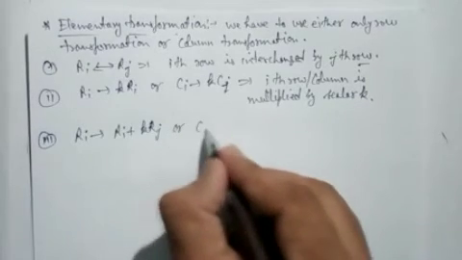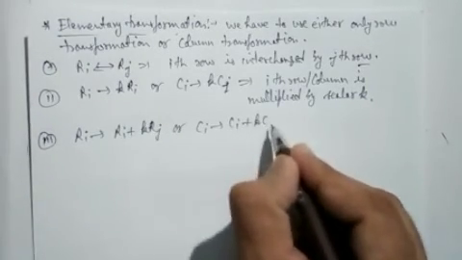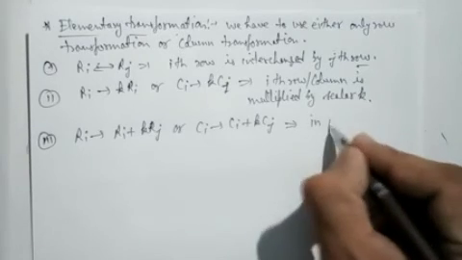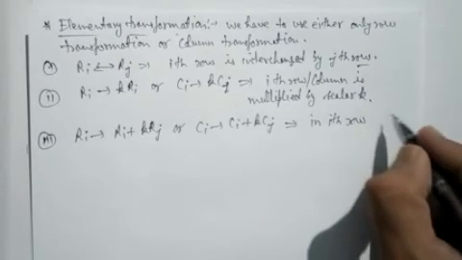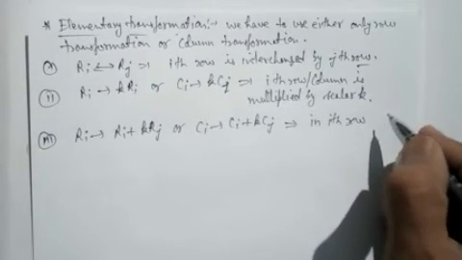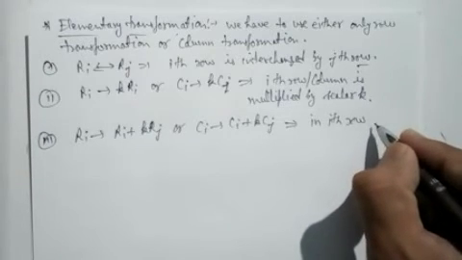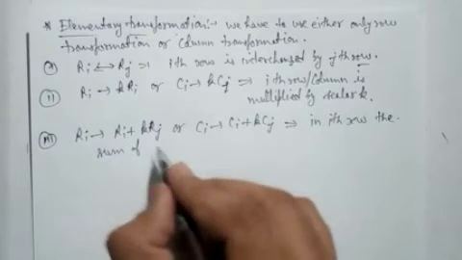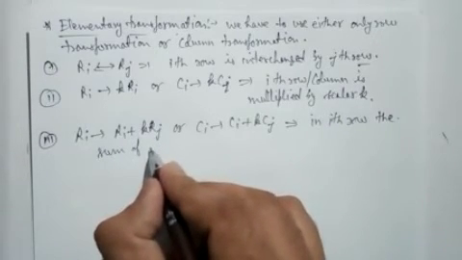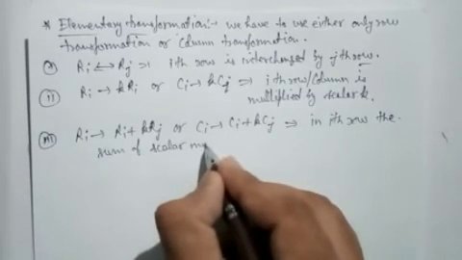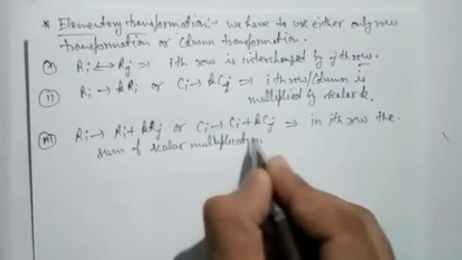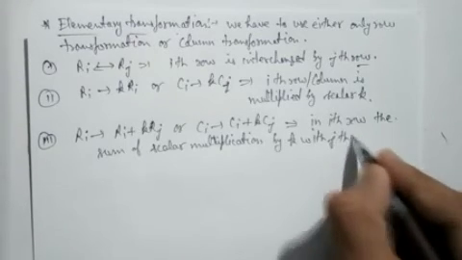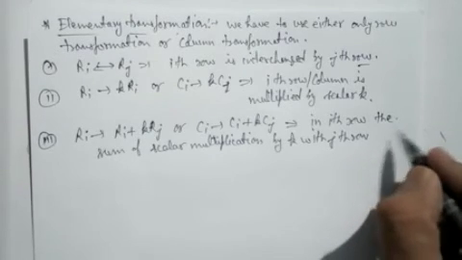and Ci tends to Ci plus k Cj, it means that implies in the ith row the sum of scalar multiplication by k with the jth row and the ith row.